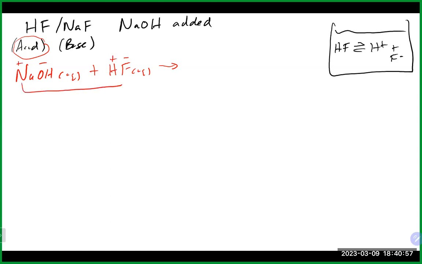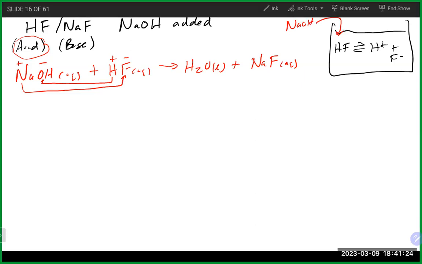Also a double displacement reaction, in case you're not sure. The sodium will come over here and the hydrogen will come over there to make the water. That will produce us some water and a little sodium fluoride. There we go. So when we add our sodium hydroxide into our buffer here, this is the reaction that we're going to get.